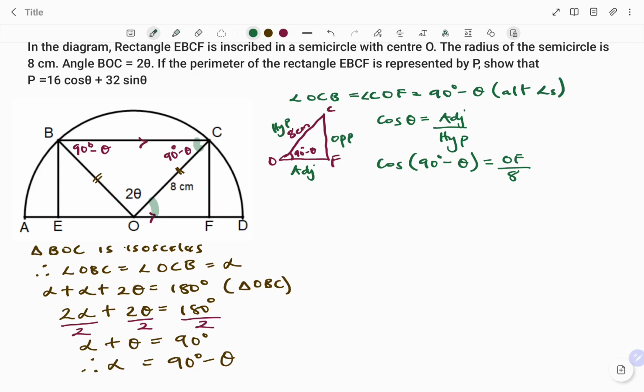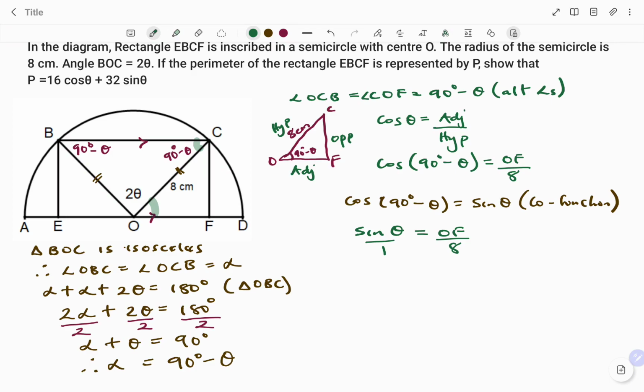So therefore, using the cofunction, I have cos of 90 degrees minus theta equals sine theta. That's the cofunction identity. So therefore I have sine theta equals OF over 8, and this is over 1.